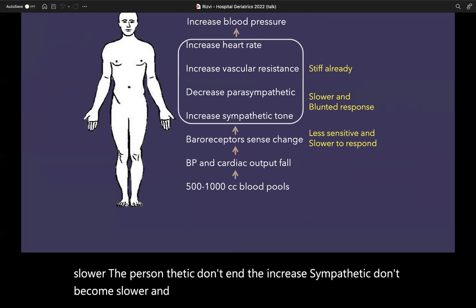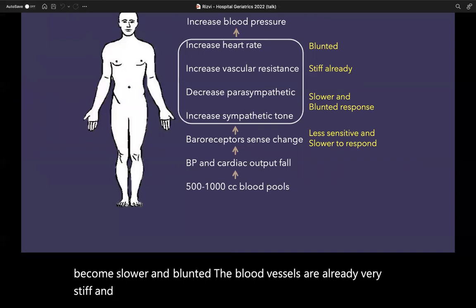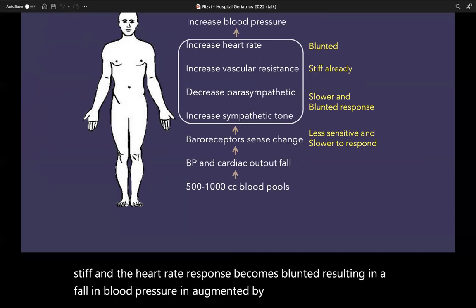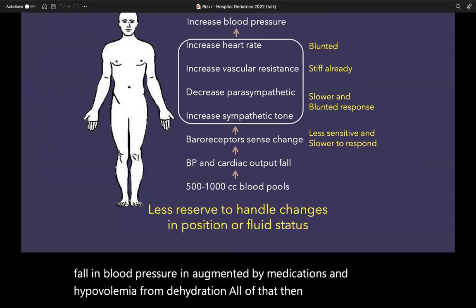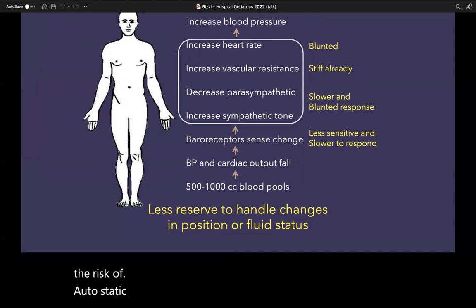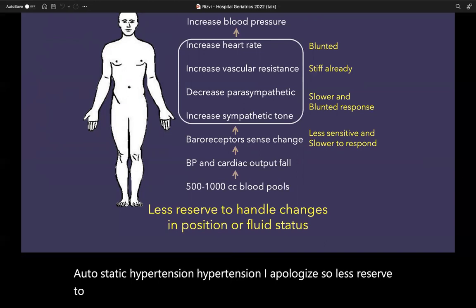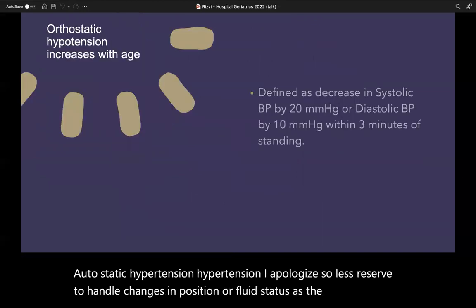The blood vessels are already very stiff, and the heart rate response becomes blunted, resulting in a fall in blood pressure, augmented by medications and hypovolemia from dehydration. All of that ends up increasing the risk of orthostatic hypotension. So there is less reserve to handle changes in position or fluid status as the body ages.